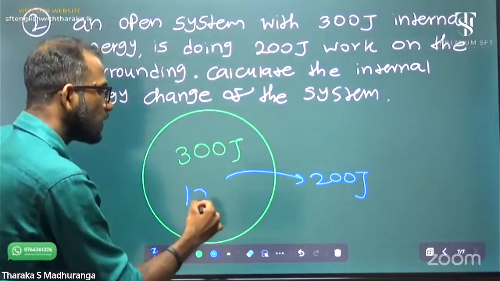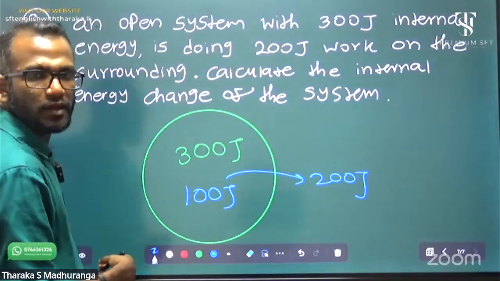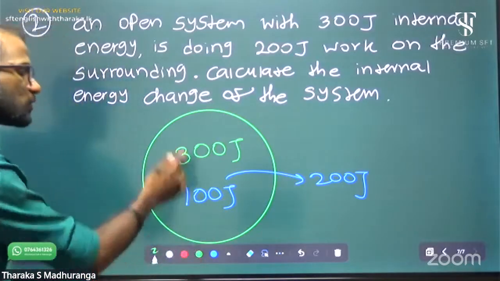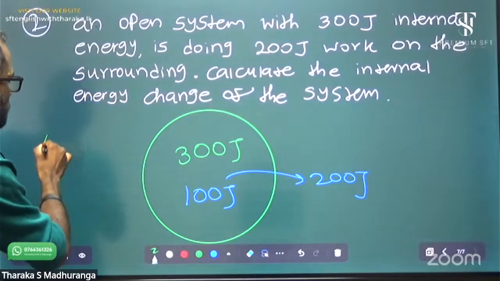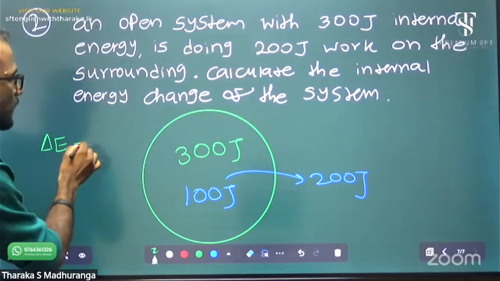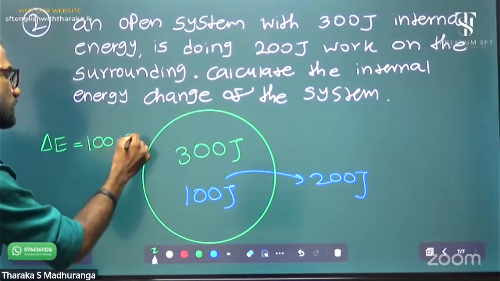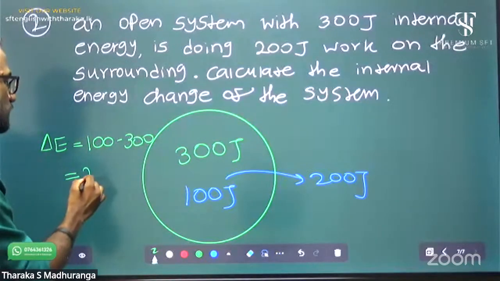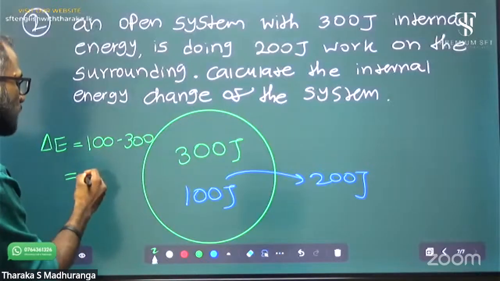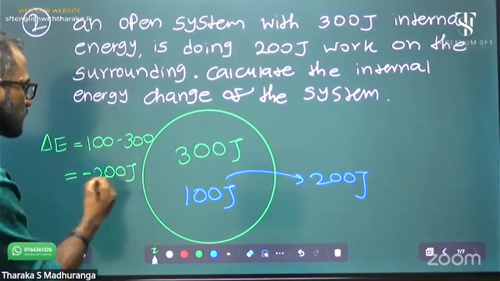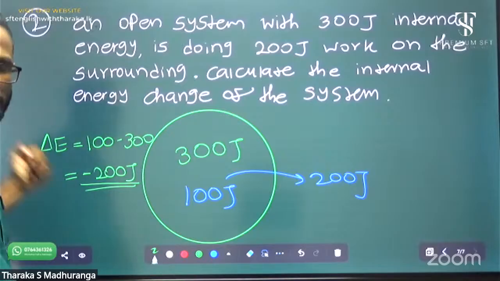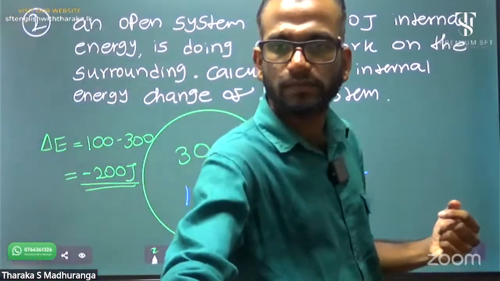Then the remainder is 100 joule, right? Then what is the meaning of delta E? Final energy minus initial energy. 100 minus 300 equals 200 joule, but it is minus 200 joule. Understood with me?